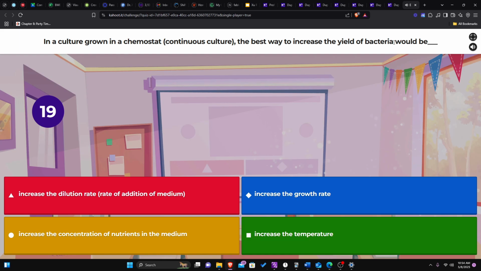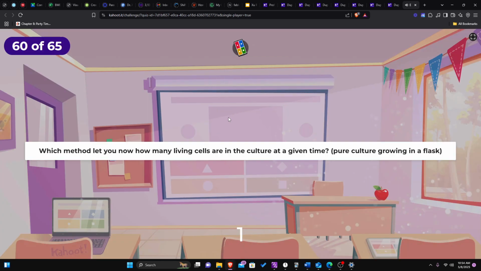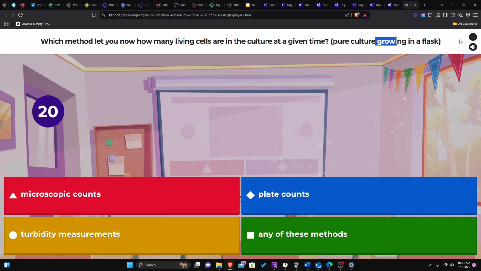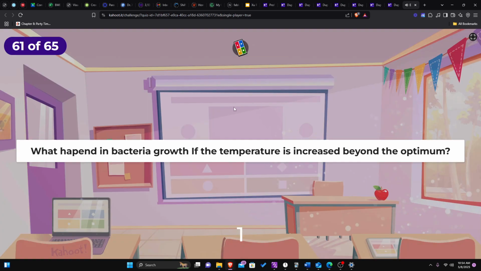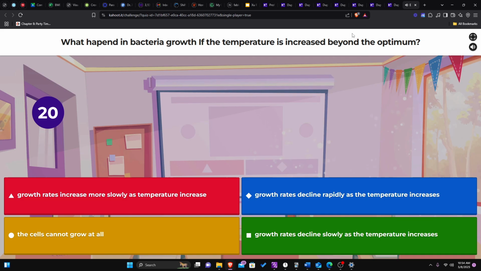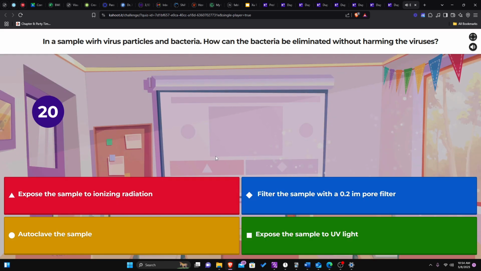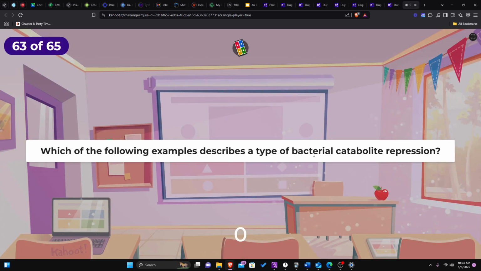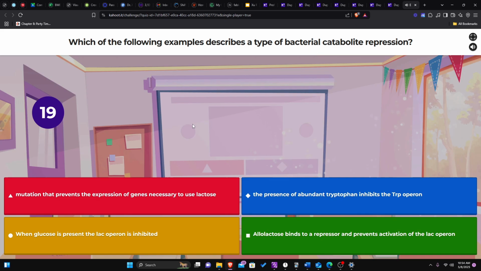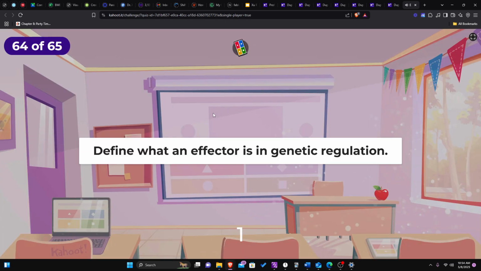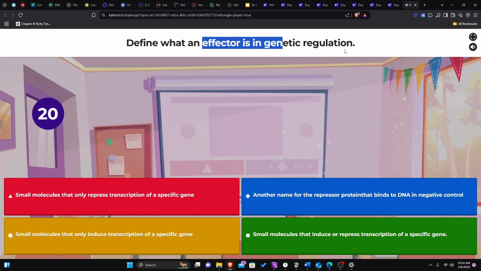It's going to be basic concentration. Decreases rapidly. Glucose and copper. It does both. Kahoot Practice or reduce.